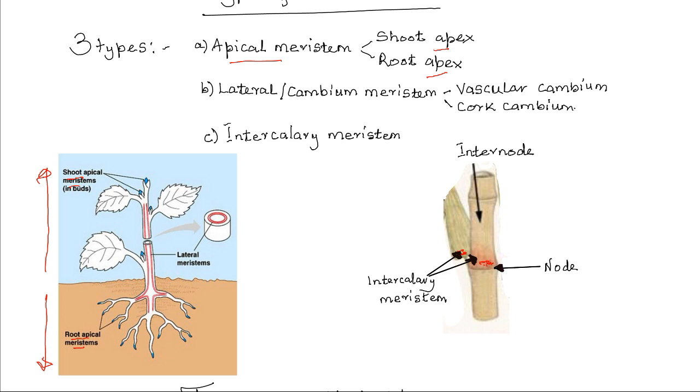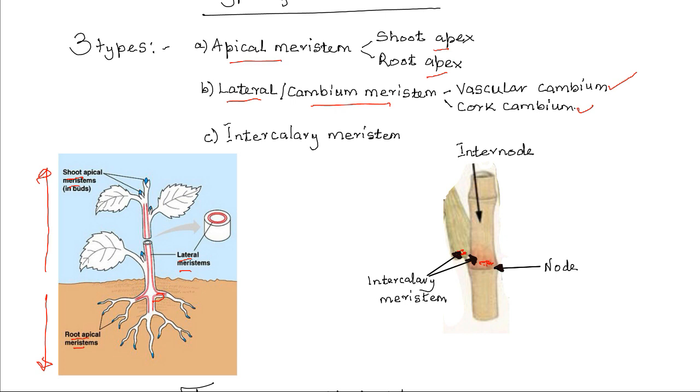Then there is the second type, the lateral meristem or the cambium meristem, that are found within the older parts of the stem and the root. So these are the lateral meristems. There are two types. You have the vascular cambium that is found within the vascular tissue, and the cork cambium that is found beneath the epidermis.